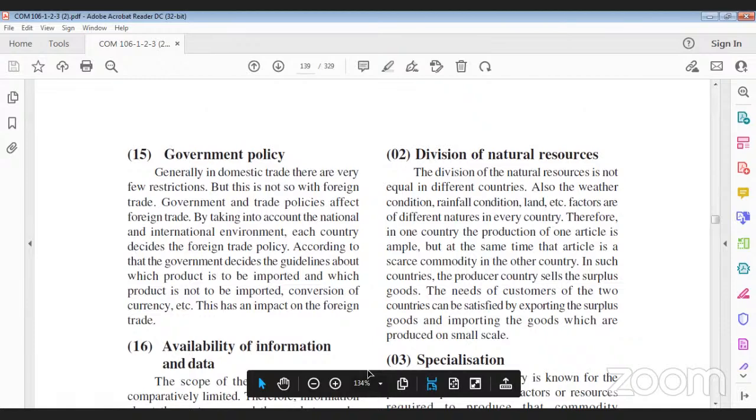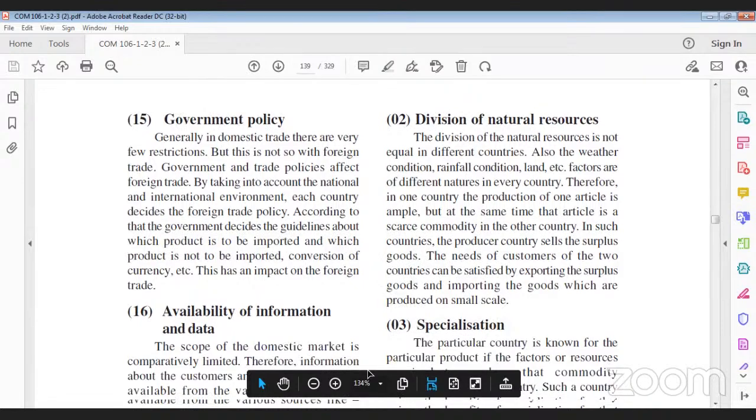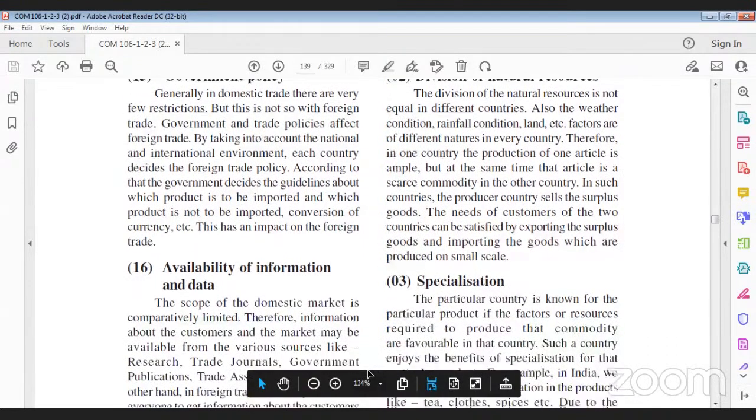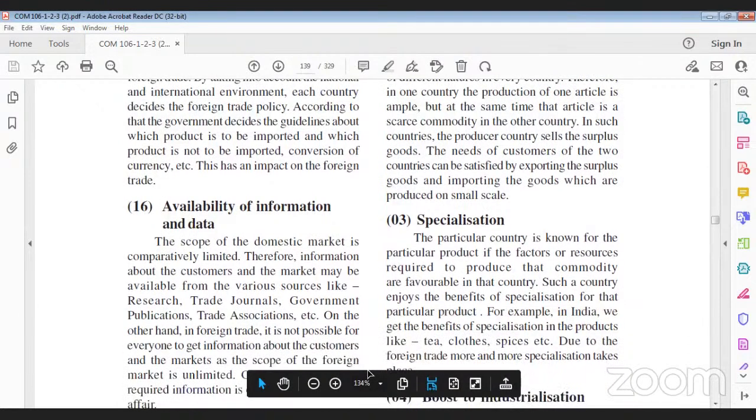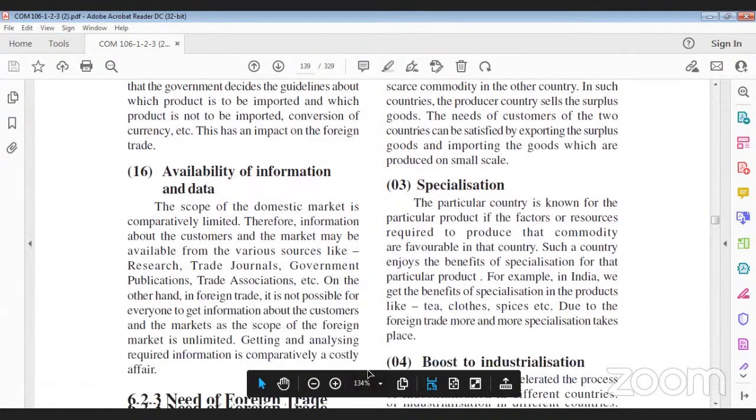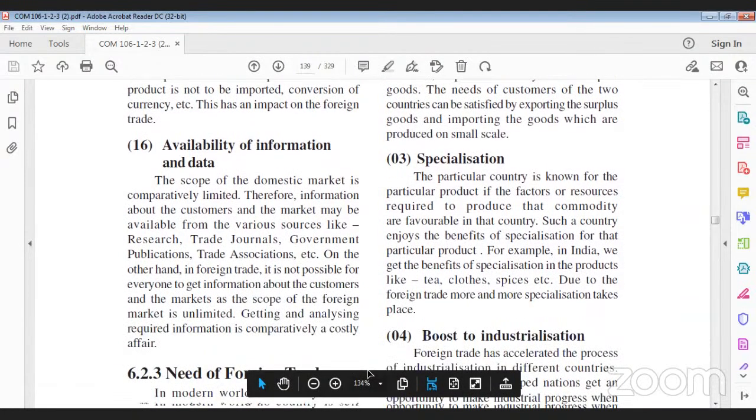Then there is the 16th point of difference, that is availability of information. The scope of the domestic market is comparatively limited. Therefore, information about customers and the market may be available from various sources like research, trade unions, journals, government publications, etc. On the other hand, in foreign trade it is not possible to get all the information about customers and markets, and the scope of the foreign market is unlimited.